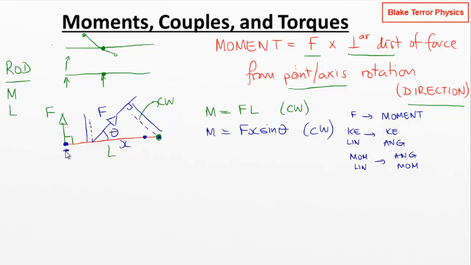So this bit up here has got more kinetic energy, it's got more momentum compared to this little bit closer to the axis of rotation. So we want an easy way of being able to describe all of this, because trying to do that by looking at the linear motion of all of the bits along the rod is going to be a nightmare. So we're going to be developing a description that means we can do this all in an angular fashion, and I'll be putting that into the next video.